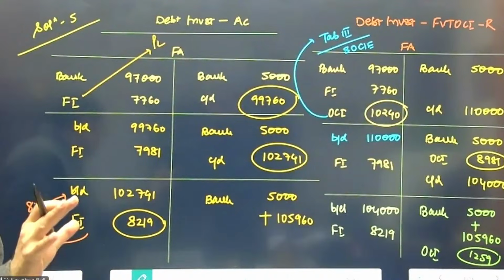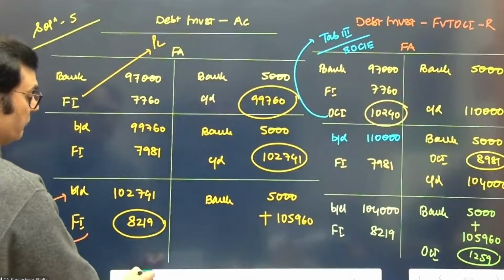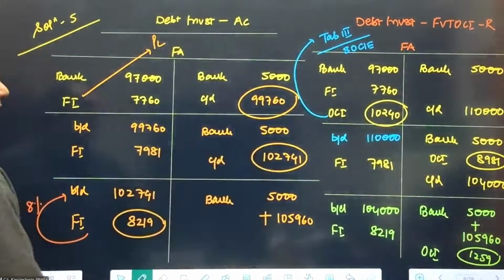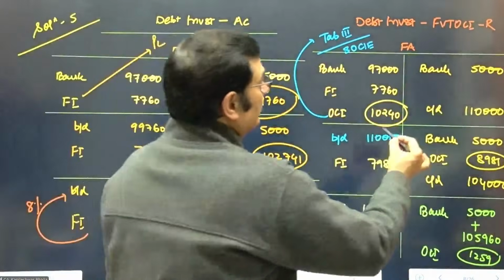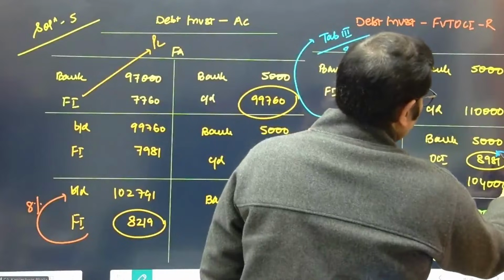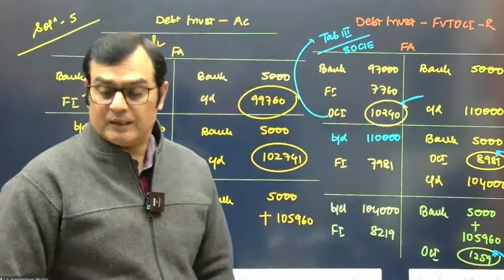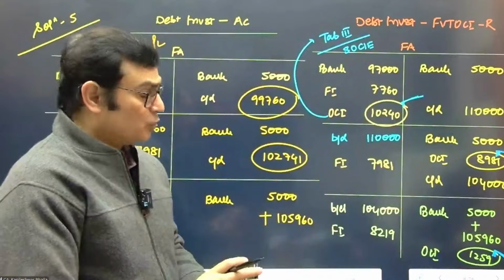Now, a small little question at this particular stage, just for a conceptual clarity point of view. If you take the accumulated balances in OCI, these are the three balances in the accumulated other comprehensive income. Let's take the total.